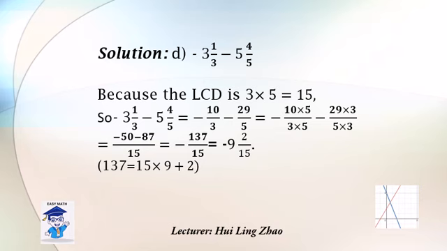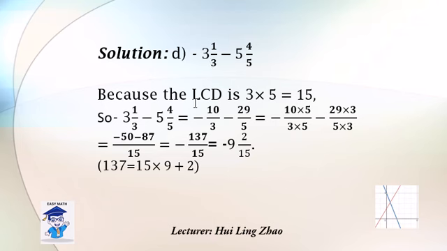Next, number D. Negative 3 and 1 over 3 minus 5 and 4 over 5. So at first, we have to change the mixed numbers into improper fractions, right? And then we check the denominators 3 and 5. They have no common factor, right?